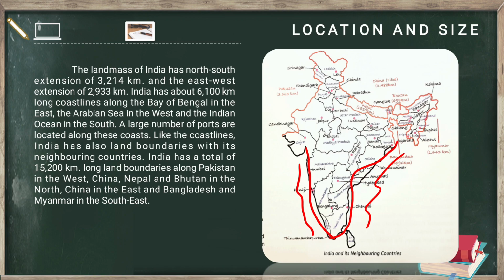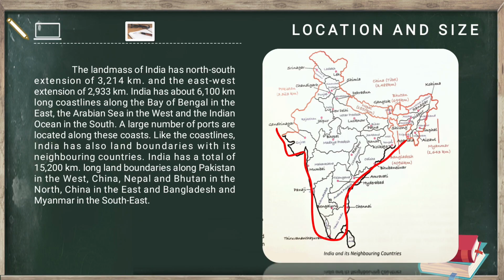So this area, this coastline, it is how much? From Kolkata, West Bengal, up to Maharashtra and Gujarat.